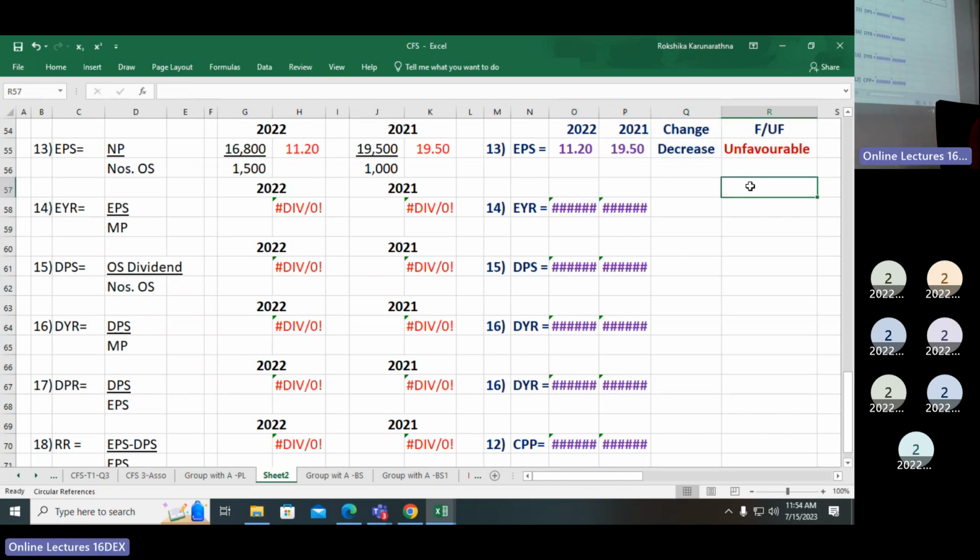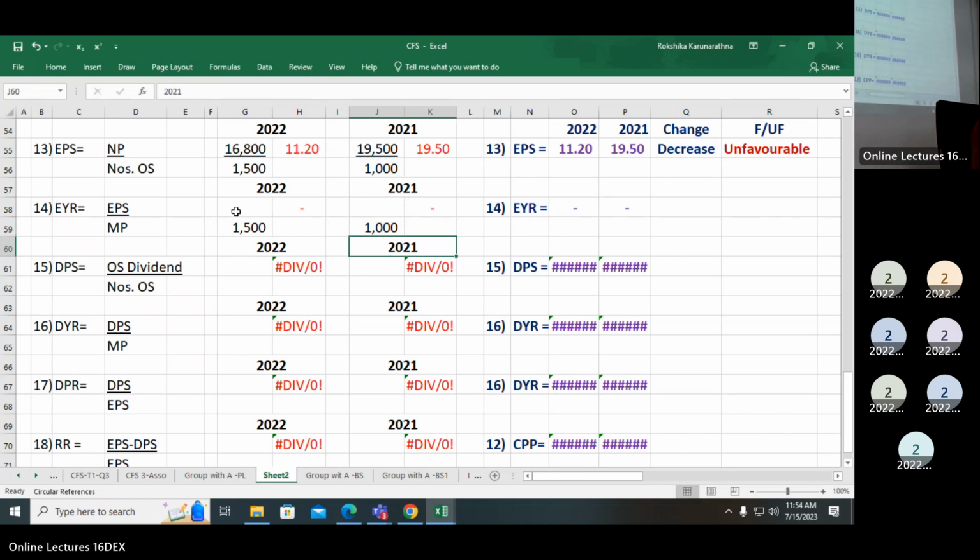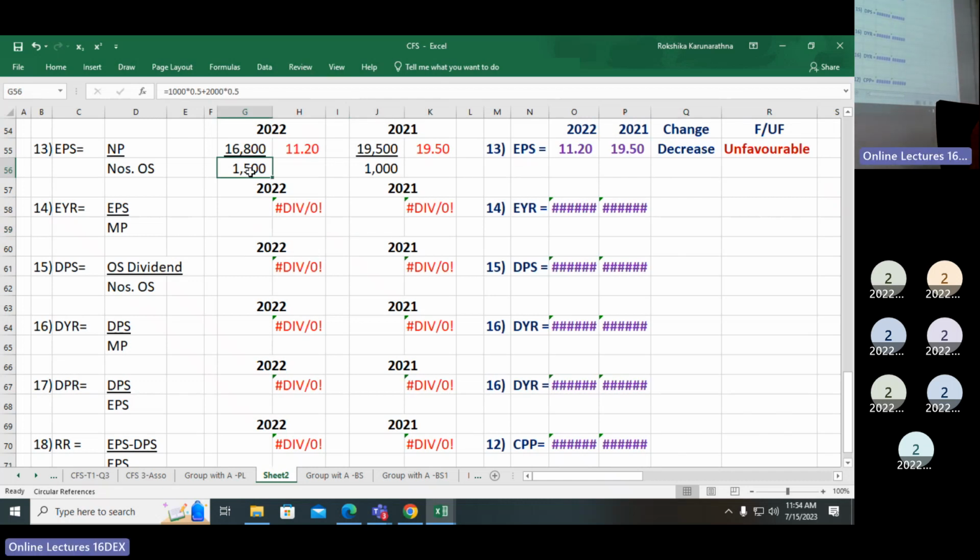This decrease in earning per share is unfavorable. Then you take, sorry, 2000, you have to take the weighted average. 2000 at the end of the year. During the year a share issue was made.